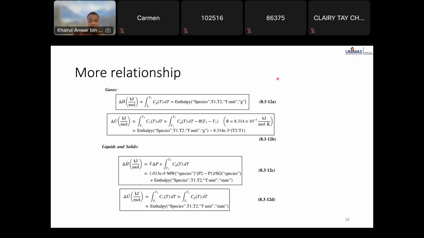If the question only gives you Cp, and since Cp is available in Table B2 but Cv is not, you can use an approximation here: Cp minus R times T2 minus T1, where R is the gas constant. Now liquid and solid: this is for liquid and solid, delta H and delta U. For delta H, there are two expressions.